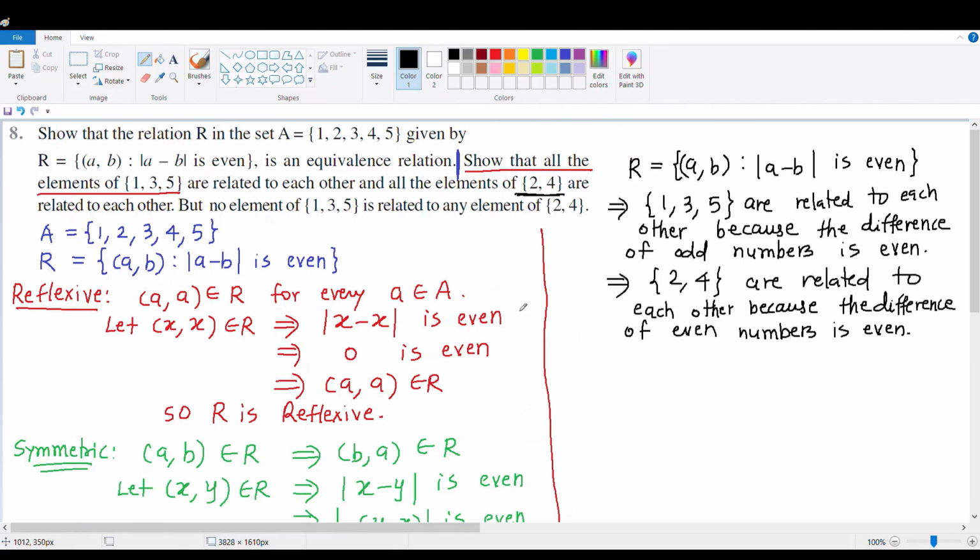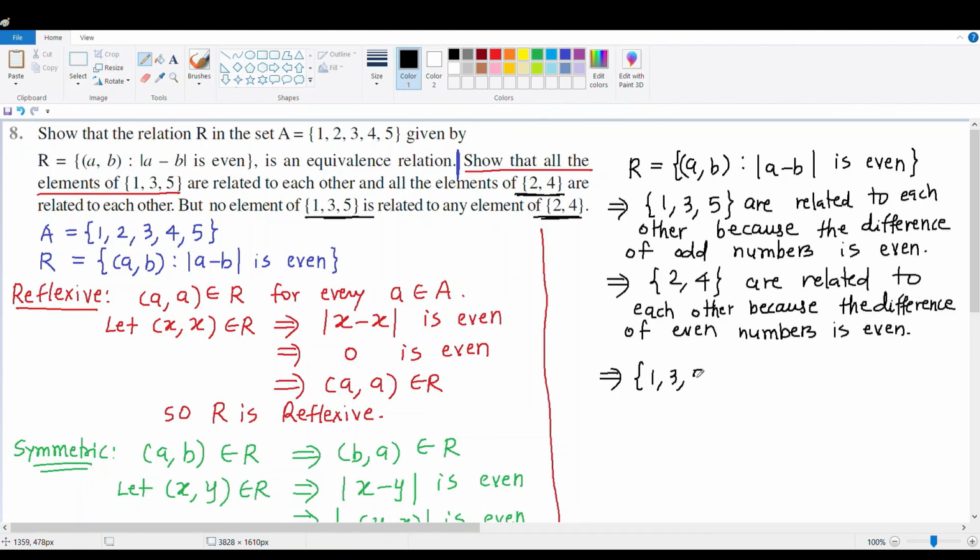Okay, now the third part of that second question is what? But no element of 1, 3, 5 is related to 2, 4. So the difference of any element from this to any element of this is not going to be even. Like, find the difference of 5 and 2, or even 3 and 2, or 1 and 4, or 3 and 4, or 5 and 4. It is not going to be even.